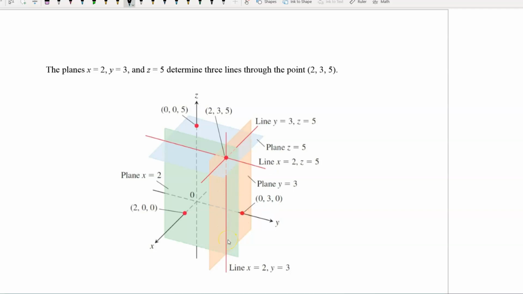And finally, the third line crossing this point is this line, and that is x equal to 2, y equal to 3. And the plane that we have here, this green one, is for x equal to 2, which is this point.